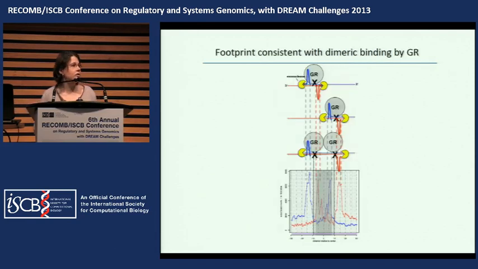This footprint is consistent with a dimeric binding of the glucocorticoid receptor. If it's a dimer, the exonuclease is going to eat from left to right here and from right to left there, leading to two borders, which correspond to this border and this border. But the cross-linking with formaldehyde is not 100% efficient.